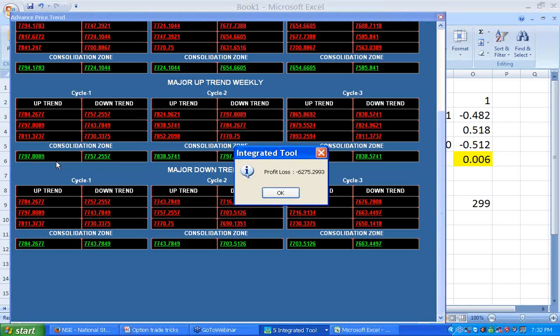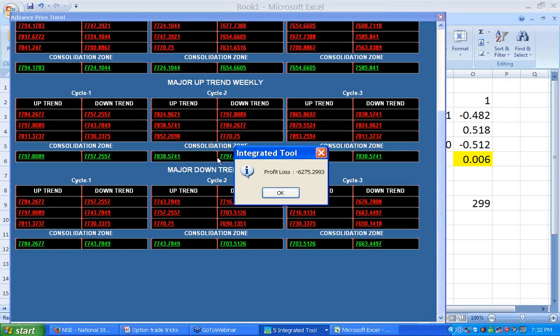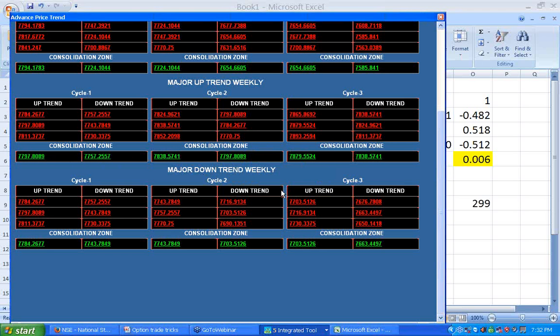So if you are restricting in the first cycle, you will have 6,000 loss here, you have 10,000 loss here, because you have added great amount of value there, 7797 to 7757. If it consolidates, this strategy is going to give you a loss, and this loss will vary between 6 to 10,000 rupees.